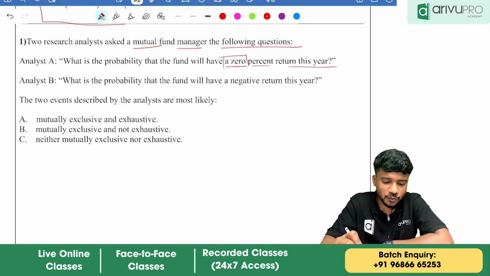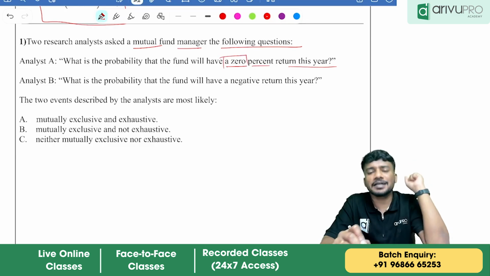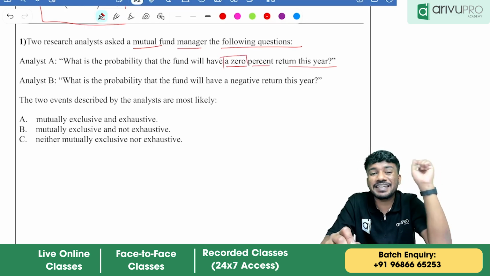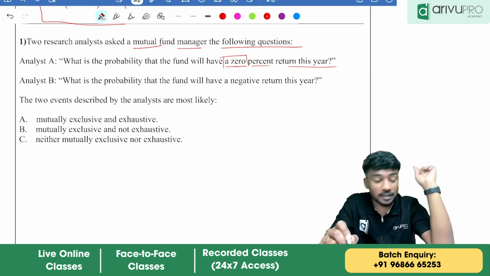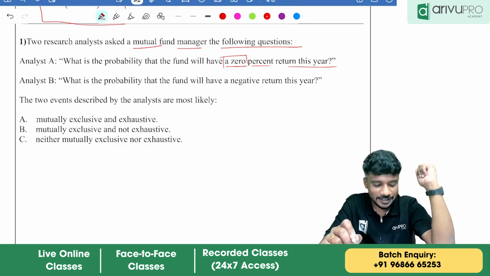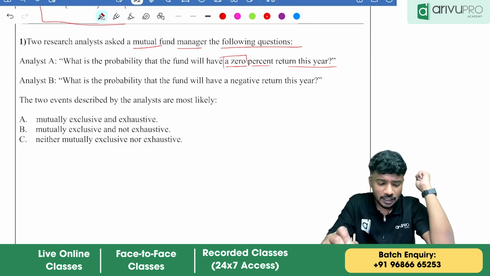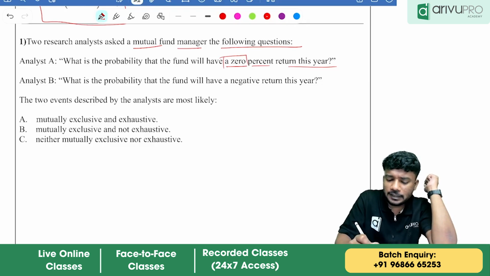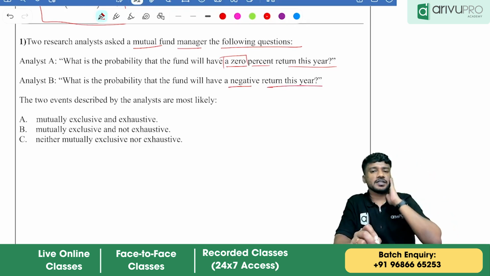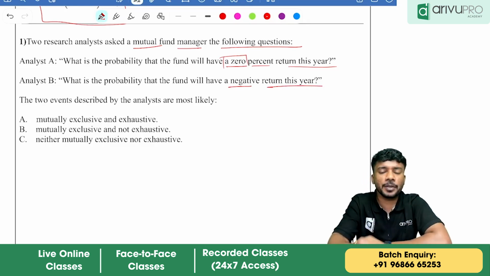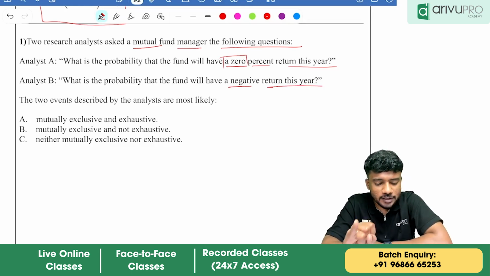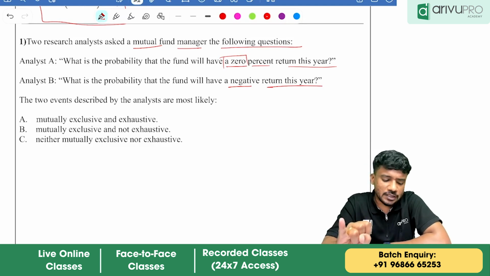Analyst B: What is the probability that the fund will have a negative return this year? So two questions, two people are asking.